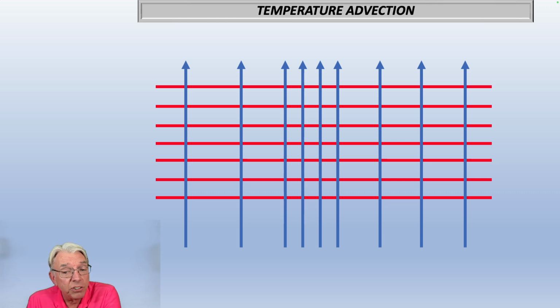In that case, the two cancel each other and you don't get much vertical motion, either up or down. But if you have a trough approaching from the west and you've got warm advection going on, say ahead of a cold front, then the two add up, and it can generate very vigorous upward motion in that kind of situation. And a lot of times tornado outbreaks will occur in situations just like that.